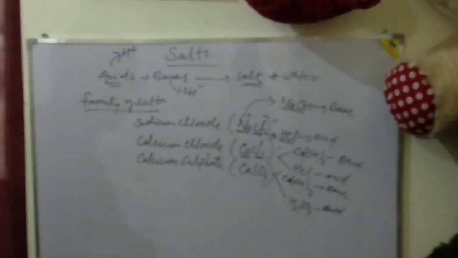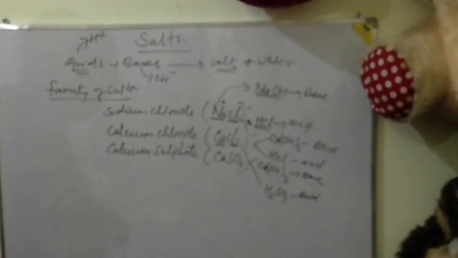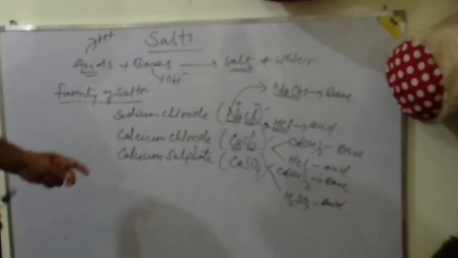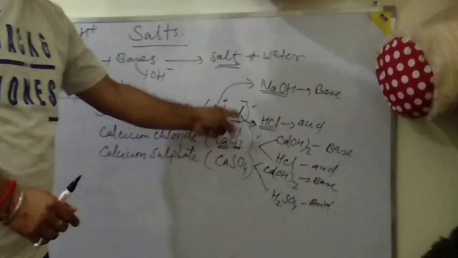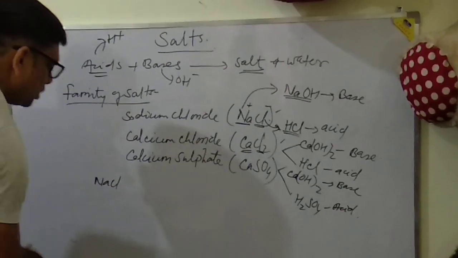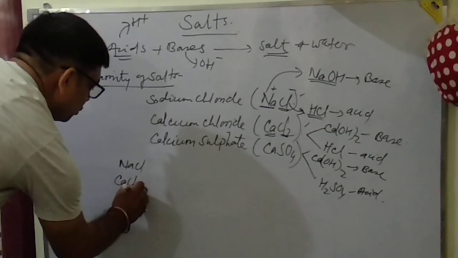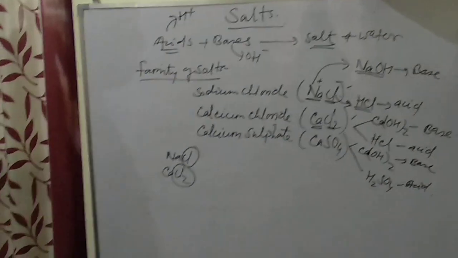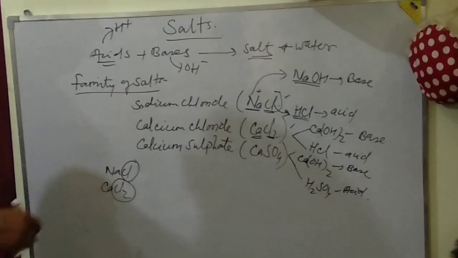Family of salts. Family of salts means if any salts have the same negative ion. Likewise, we can say that in NaCl, sodium chloride, and in CaCl2, the common ion is chloride. Chloride ion is common.